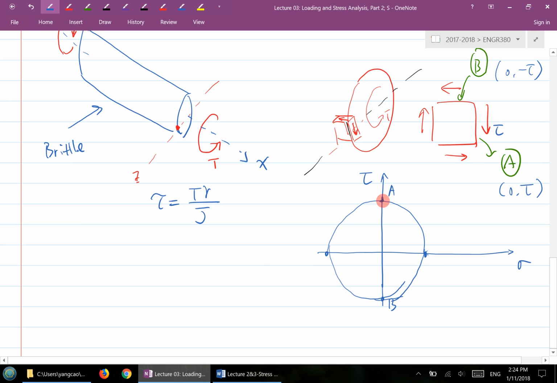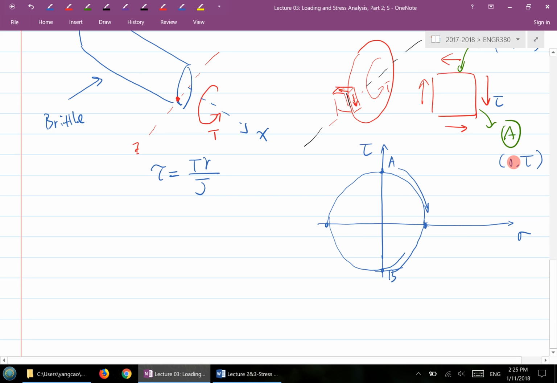You got to go from here to here, meaning you rotate or reorient the state of stress from here to here. In what direction? This is a clockwise direction. And how much angle? 45 degrees.